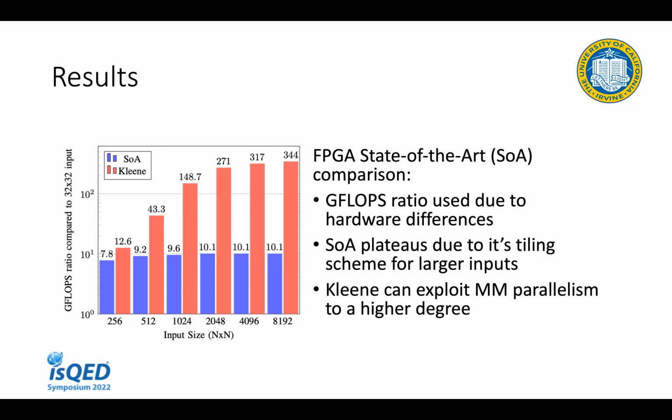Therefore, we decided to use a different metric for our comparison, and that metric is the ratio of performance gained compared to a basic 32 by 32 computation.